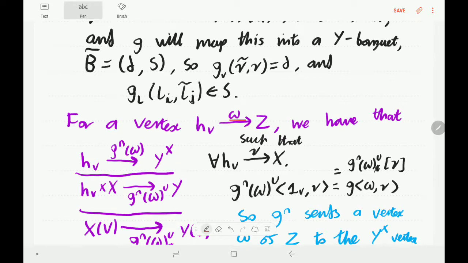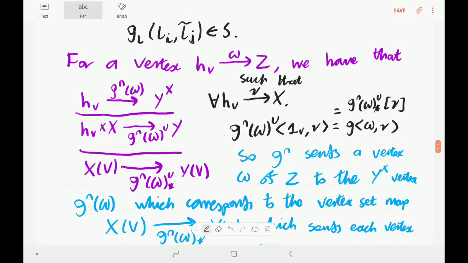So, okay, let's start to use that formula to work stuff out. For a vertex w of Z, we want to work out how this adjoint function works. So we've got that G adjoint of w is going to be a vertex of y to the power of x. Which one is it going to be?